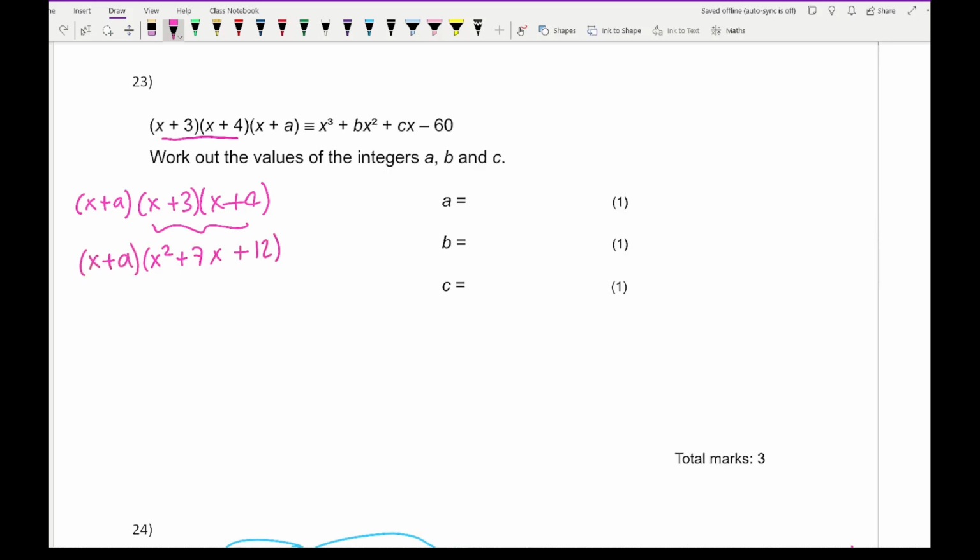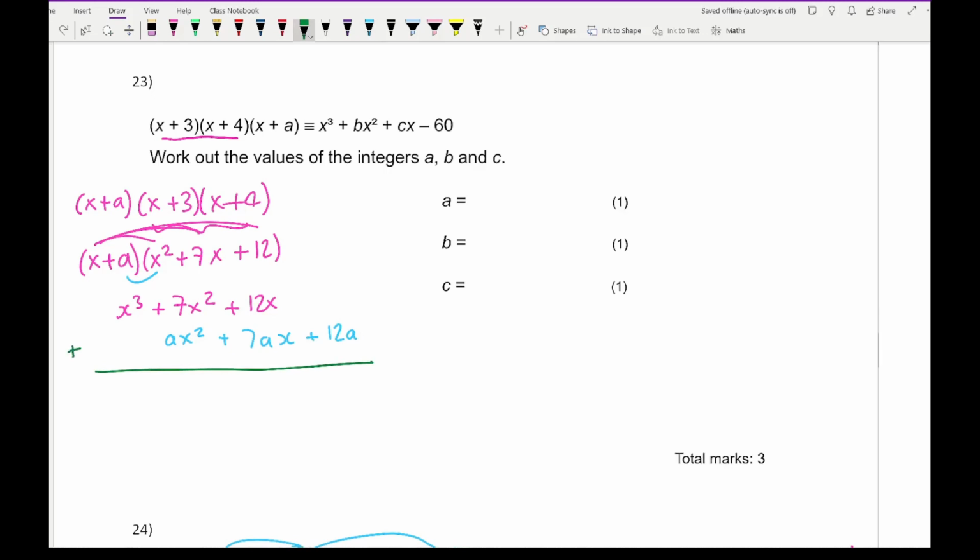And then if I multiply the triple bracket now, I'm just going to multiply those three things. That becomes x cubed plus 7x squared plus 12x. And then I move on to multiplying these two, so I've got ax squared plus 7ax plus 12a. And then what I want to do is add those terms up.